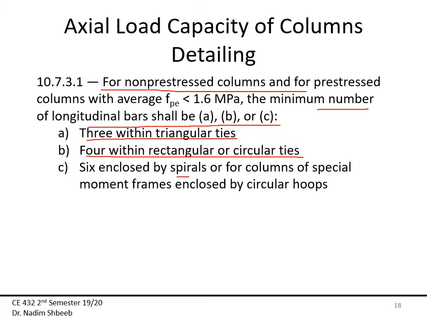If I'm using spiral or circular hoops, then I need to have at least 6 enclosed by spirals. Again, I'm talking about the longitudinal bars. So if I have a rectangular tie, I need at least 4: 1, 2, 3, 4. If it's a circular tie or spiral, I need at least 6 longitudinal reinforcement. That's the minimum.